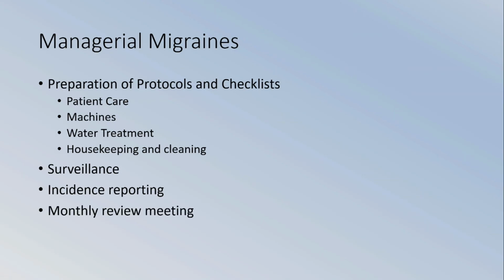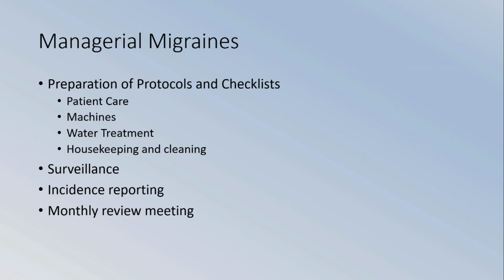And then monthly review meeting. We have started this few years back. It's very, very important. As a team leader, in the monthly meeting you should have your manager, your senior technicians or the nurses, and the residents or the doctors who are present in the dialysis unit. So sit with them for an hour or two once a month and go through whatever happened in the last month.